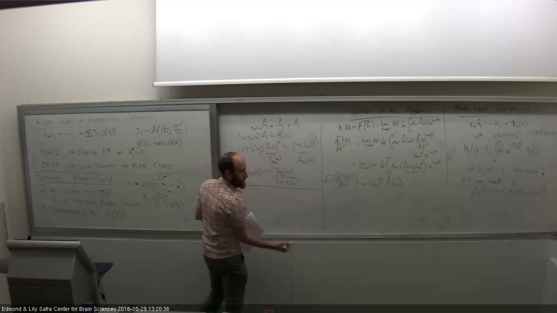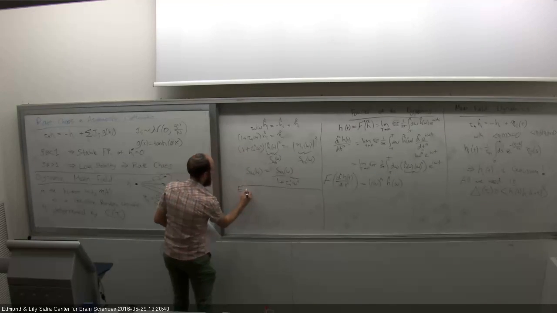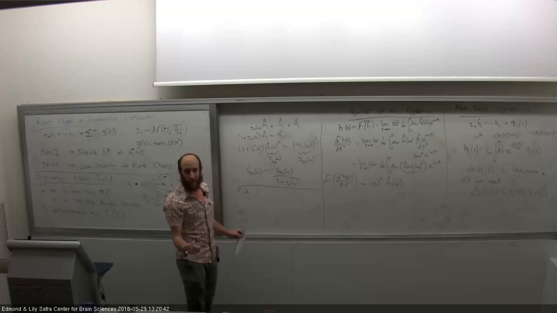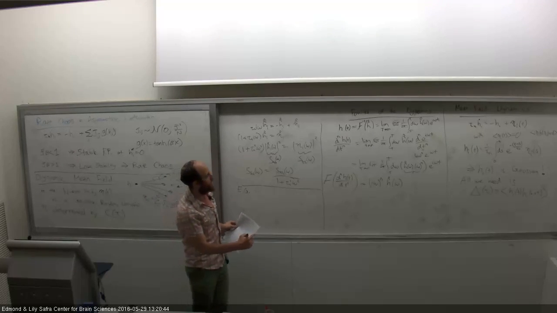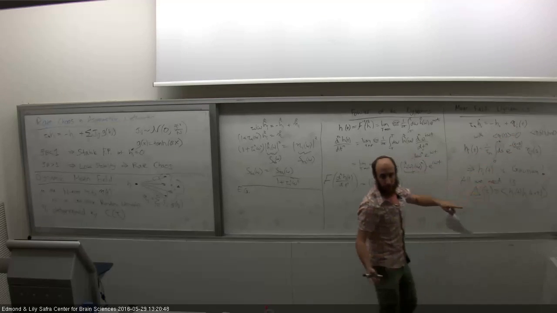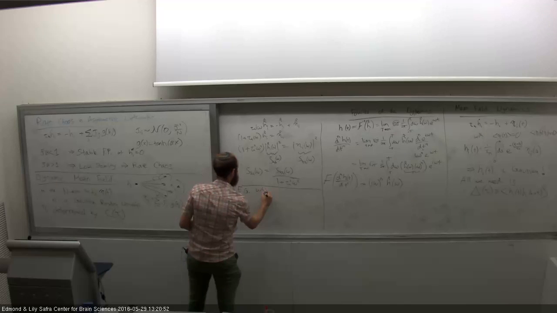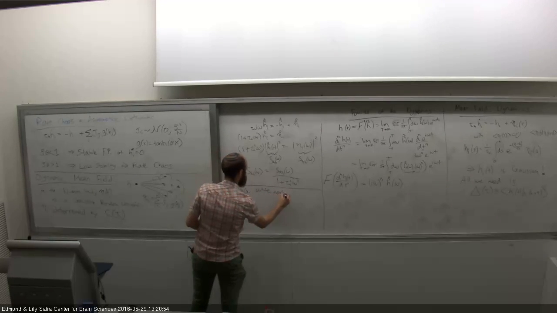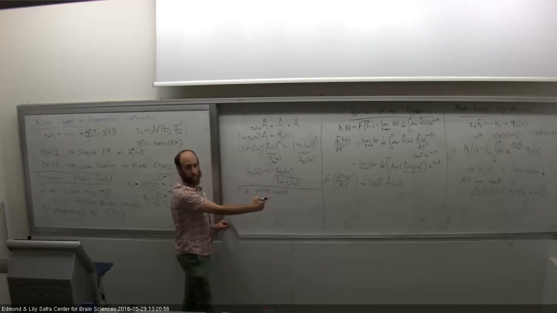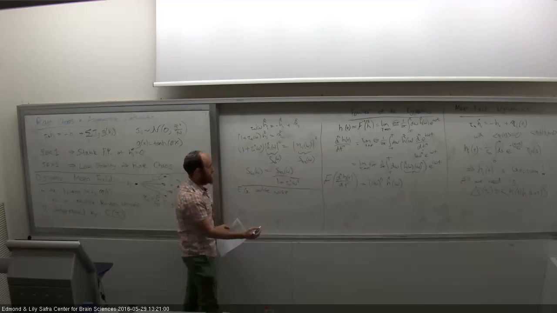I'll take a moment to point out that, for example, if we had white noise input, if our noise input here, eta i, was just white noise, like the example that Jonathan did before, in that case the power spectrum of the input, like we saw in the previous hour, is constant.